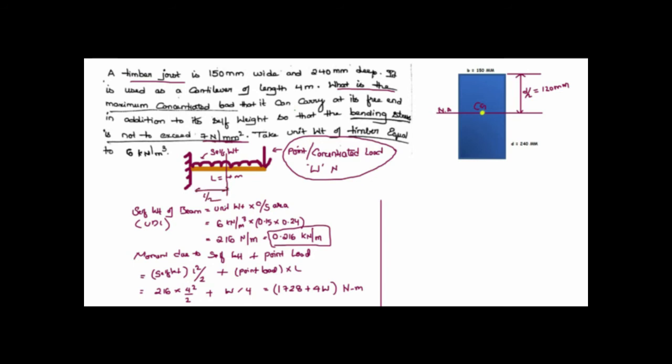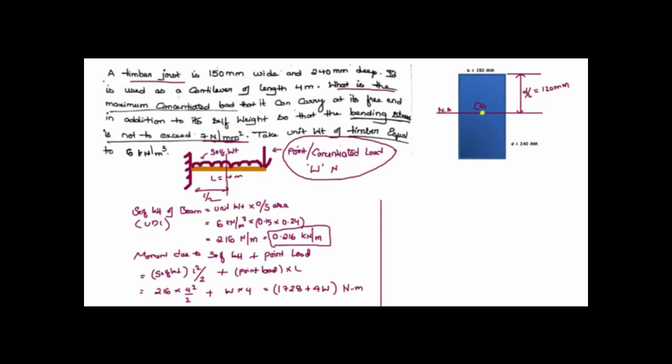Moment is force into perpendicular distance: self weight into L square by 2 plus point load. The point load is at a distance of L, therefore the moment at the support is point load into L, which is 4W. Substituting the values, we get 1728 plus 4W Newton meter as the moment due to self weight and point load.